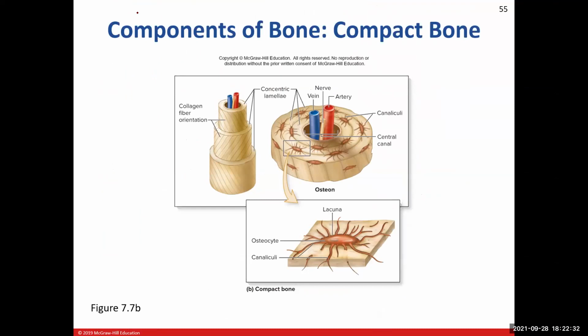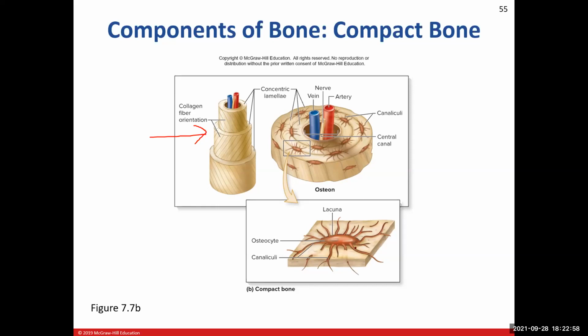Here's our wedding cake. Over here, you can see how the collagen fibers are oriented to one another. Then you can see our concentric lamellae surrounding the central canal with the blood vessels and nerve, with lacunae scattered about and osteocytes living inside, with the canaliculi extending from one lacuna to an adjacent one.